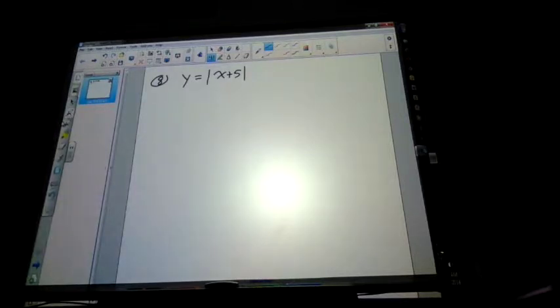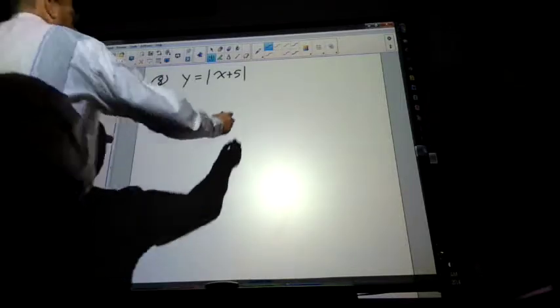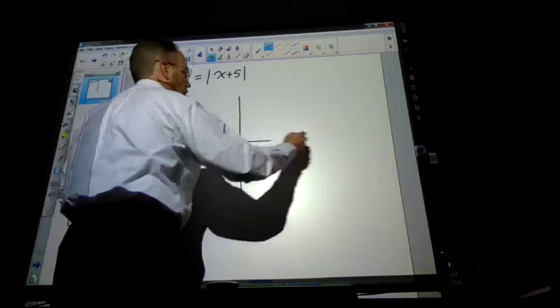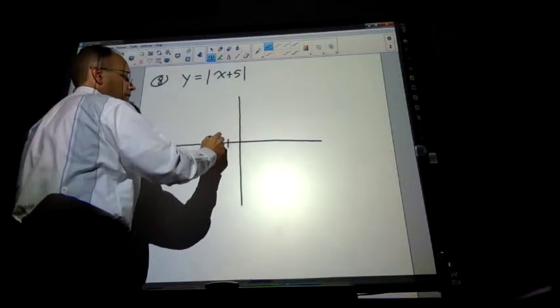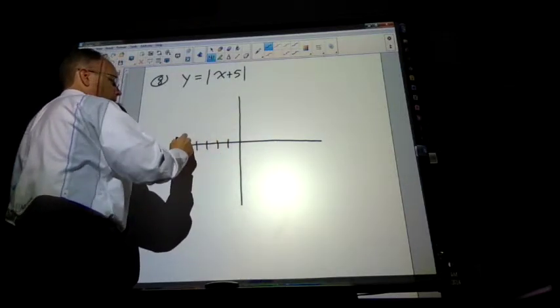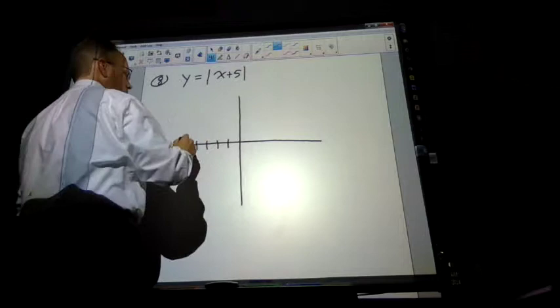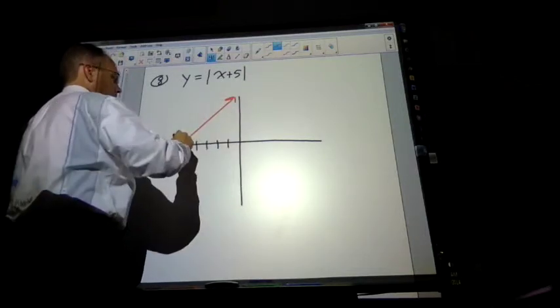Absolute value graph. An absolute value graph looks like the letter V or an upside down V, depending on if there's a negative up front. This particular graph will have a shift to the left of 5. And the graph is going to look like this, basically.